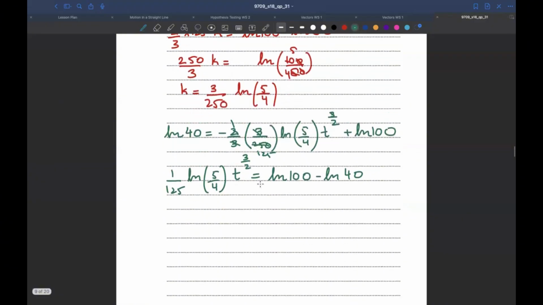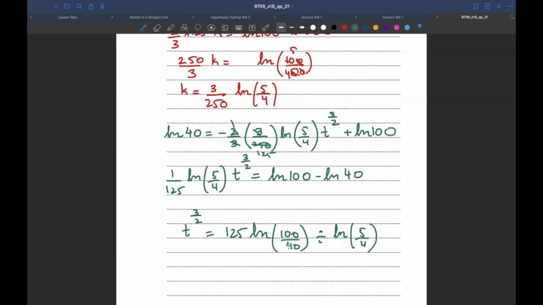Now, simplifying this further, we can separate t to the power 3 upon 2. This will become ln of 100 upon 40, or we can just directly substitute this in the calculator as well. So 125 will multiply, and then this ln of 5 by 4 will divide.